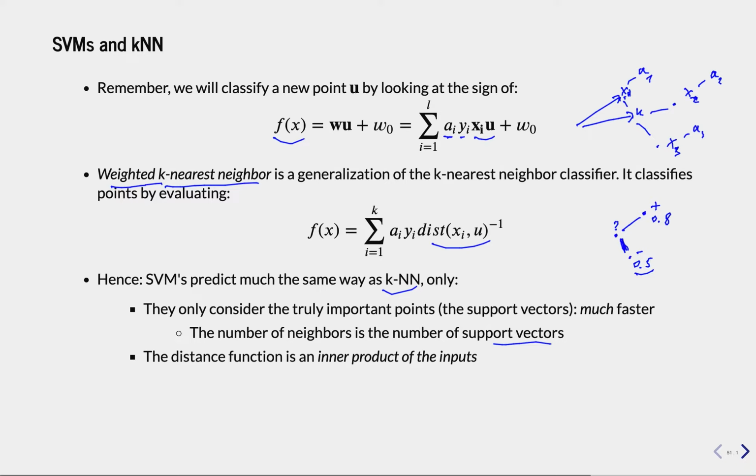And the other difference is that the similarity function is an inner product, the dot product here. But the principle is the same. So if we have some positive support vectors with a weight, and we have a negative support vector with a weight, we don't even need to know where this boundary is.